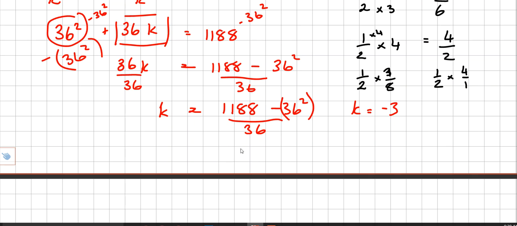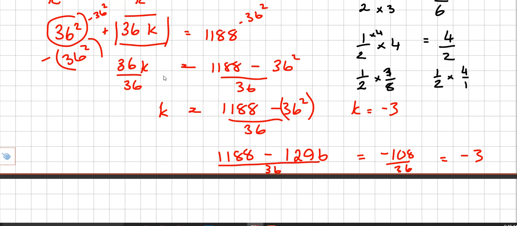So what's 36 squared? Calculate. 1296 over 36. So when I do 118 minus that, I will get minus 108, and it's over 36, which gives me minus 3.